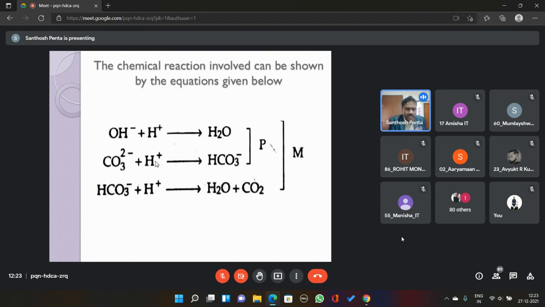You pipette out that alkaline water which has only carbonate ions. Then during the titration, you are titrating with standard acid with the help of indicators. The carbonate may react with H plus, which is going to produce HCO3.